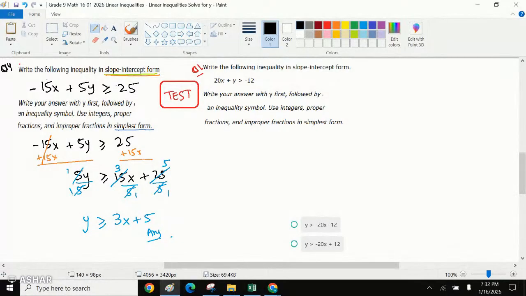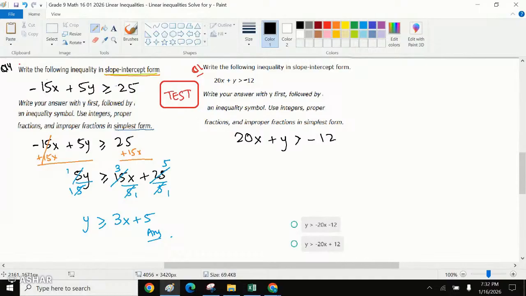If the inequality given was 20x plus y is greater than minus 12. Negative 12. Option A or option B? Which option should be correct? See, just by looking at the two options, we can always tell which is the correct option.